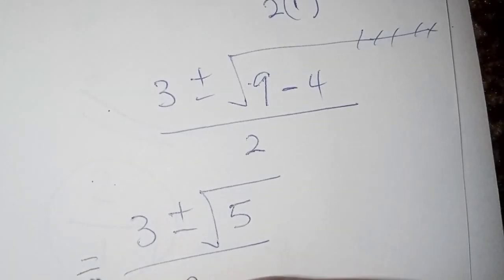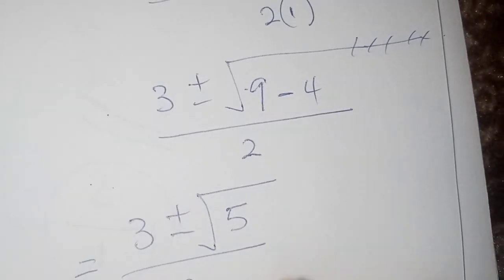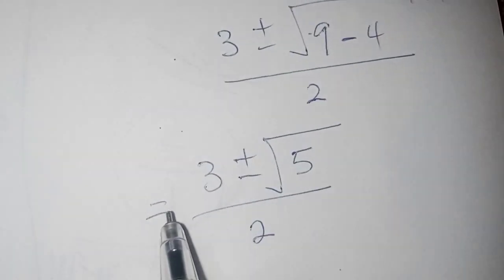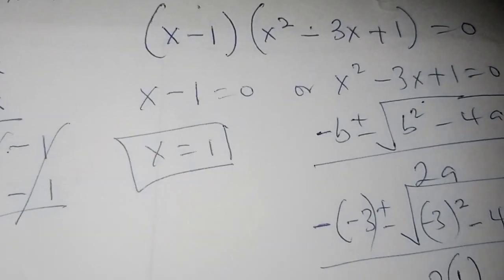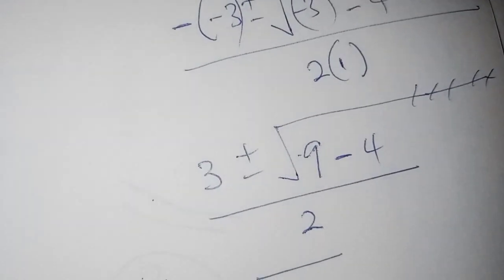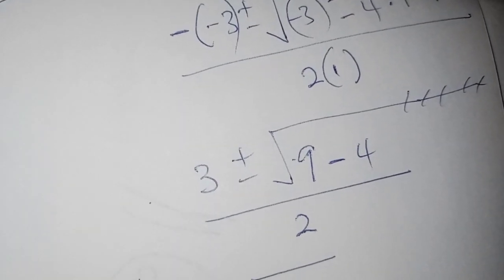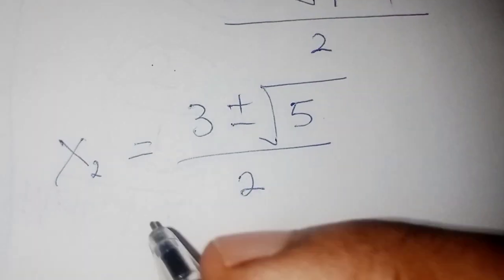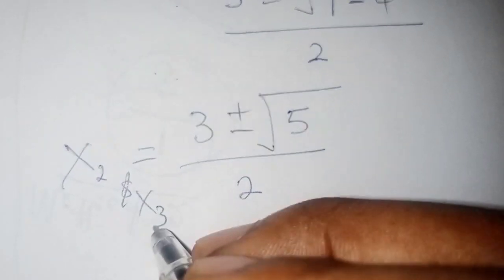So these are the two values again that we have aside from x equals 1. So these are like x2 and x3.